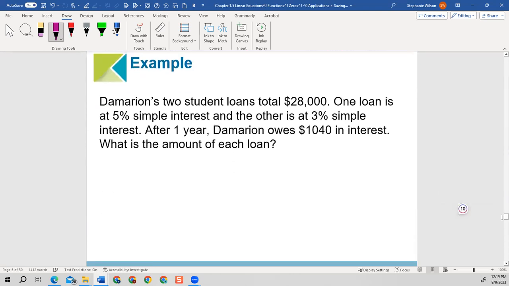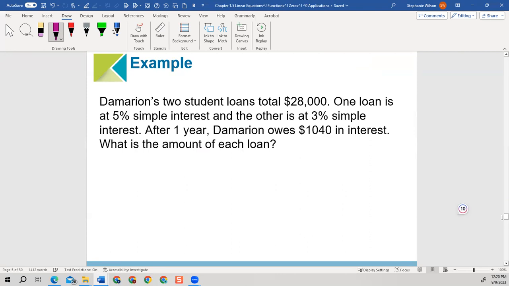A student's loans total $28,000. One loan is 5% simple interest and the other is 3% interest. After 1 year, so both of them are after 1 year, he owes $1,040 in interest. What is the amount of each loan?